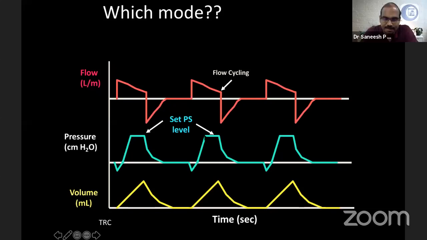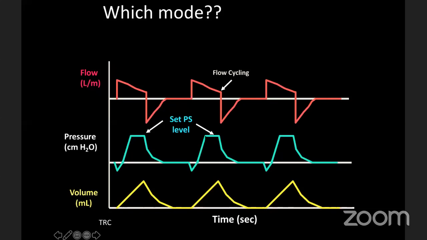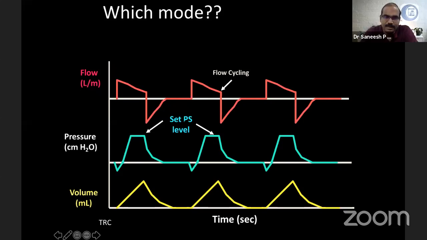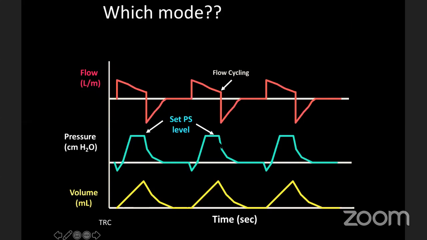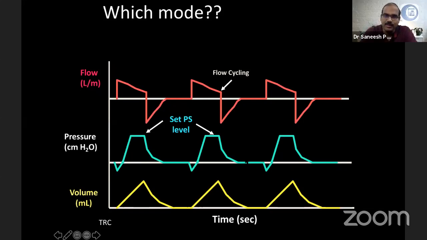This is the limit where a set pressure support has been given to the patient. The flow remains constant until the cycling is happening. At the cycling point, there is flow decrease. Again, the volume is the same. So all three breath cycles are the same.